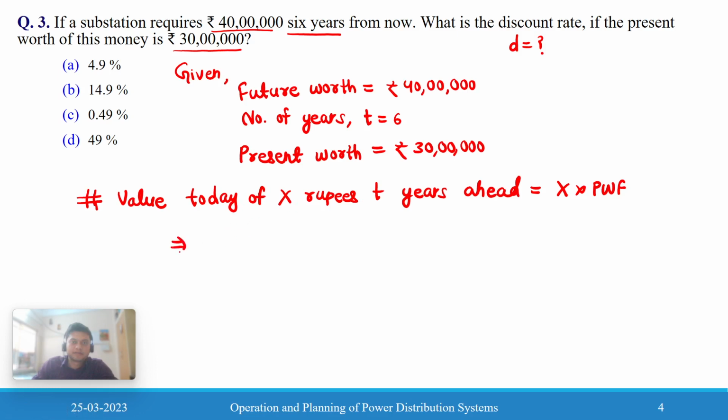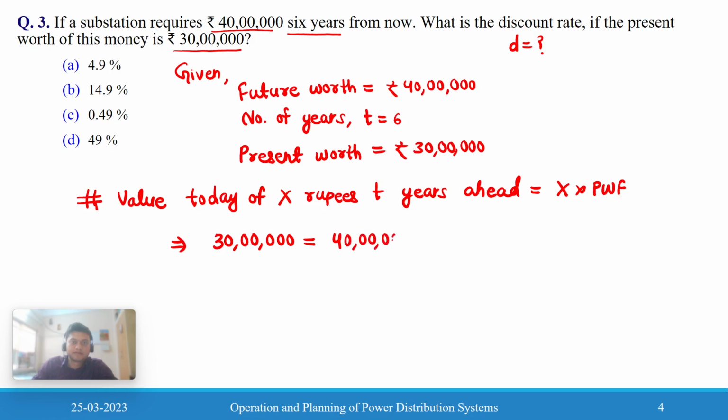So we have the future worth, and the present worth is given as 30 lakhs, and this future worth x is given as 40 lakhs.